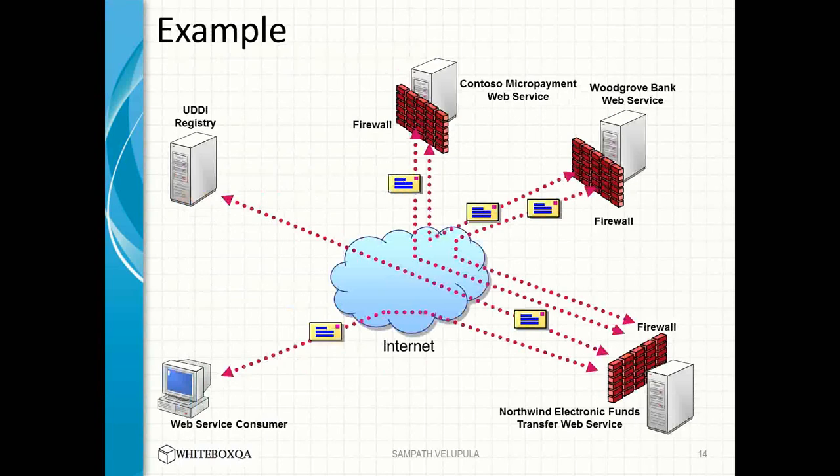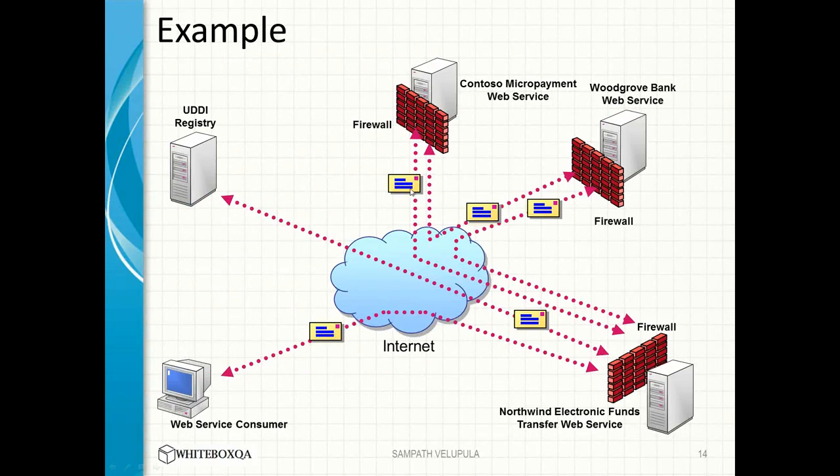Alright. So if you see this diagram, it might look very complex, but all you need to see is that people are exchanging messages. Do you see this message? This is a message, this is a message, this is a message. For example, there is a consumer, and there is a bank web service.